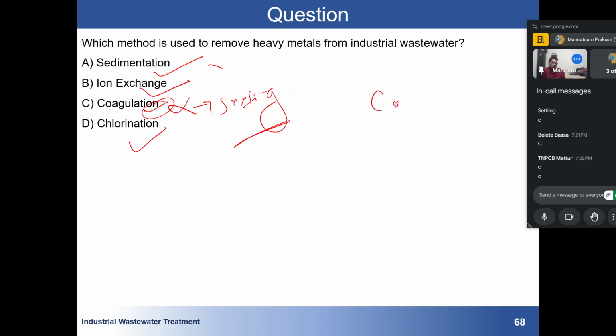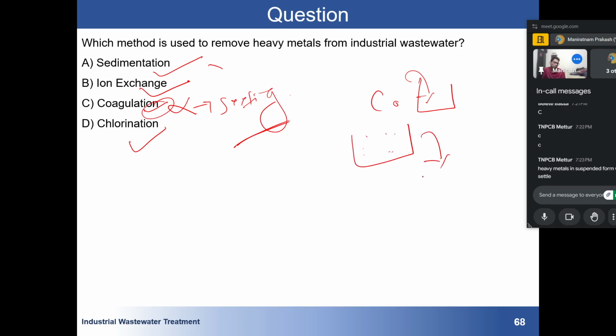Generally, heavy metals will be in dissolved form. Coagulation is used for suspended particles. Heavy metals are always in dissolved form. Cadmium, lead, these are dissolved. They won't be in suspended particles.